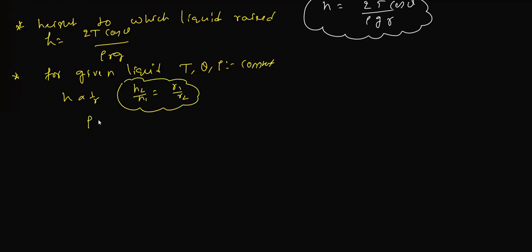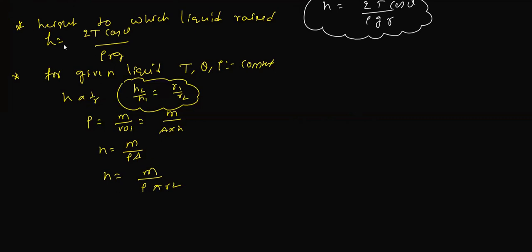For example, density equals mass by volume, which can be written as mass by area into height. So h equals m by rho A, that is, h equals m by rho pi r square.